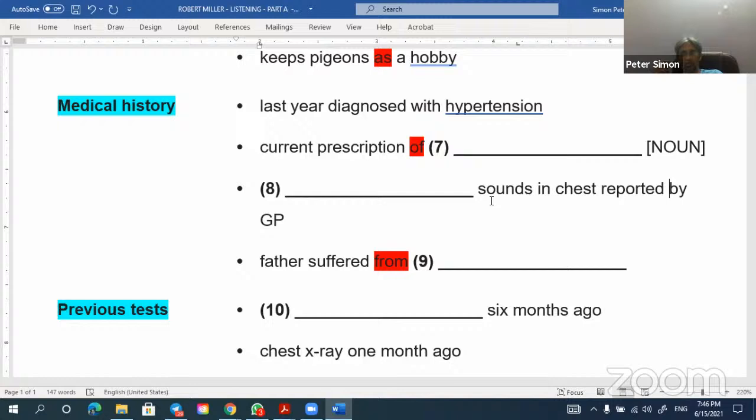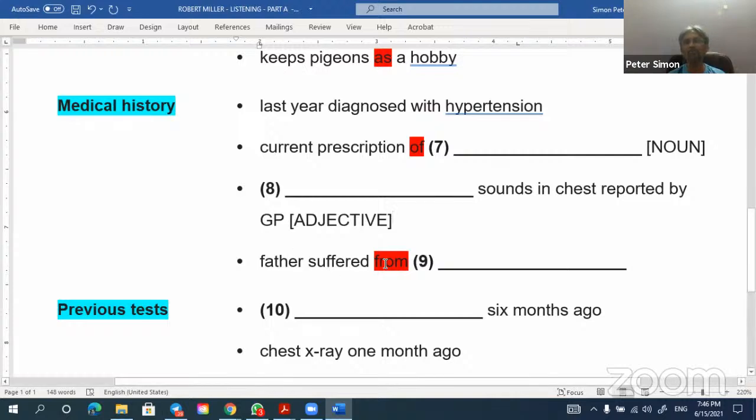Painful sounds, sorry, painful sounds. Which pain the eardrum. Or horrible sounds. Or low frequency sounds. Or high frequency sounds. Something. So this is an adjective again.